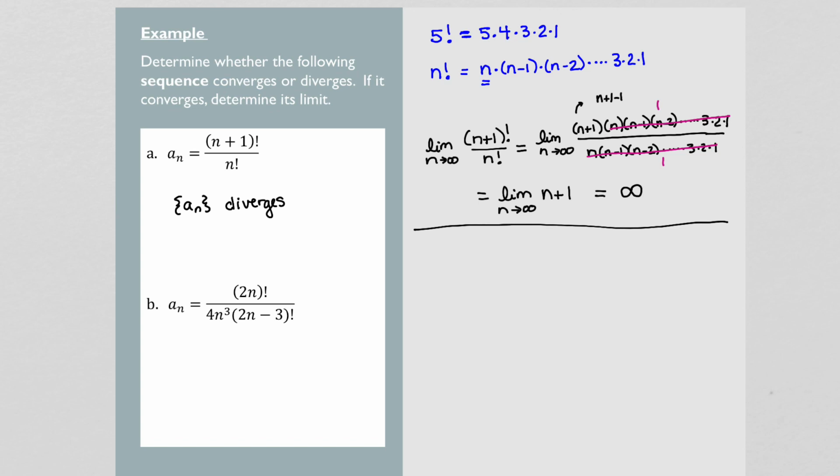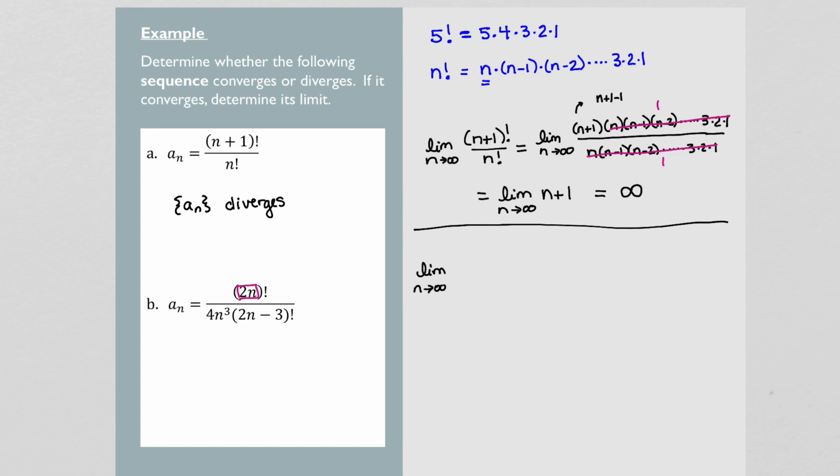The second one has factorials, but it's a little messier. I think we want to do the same kind of trick. We want to start by simplifying the numerator and the denominator. Notice, this time I don't just have n factorial, I have 2n factorial.